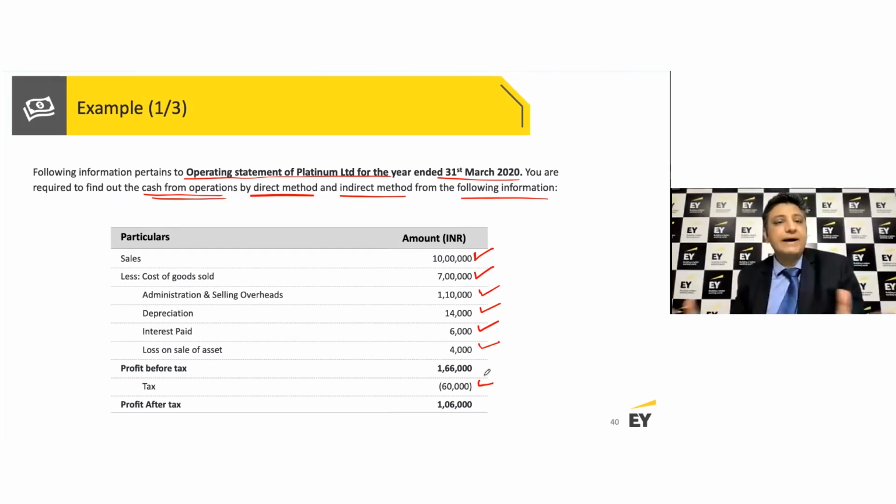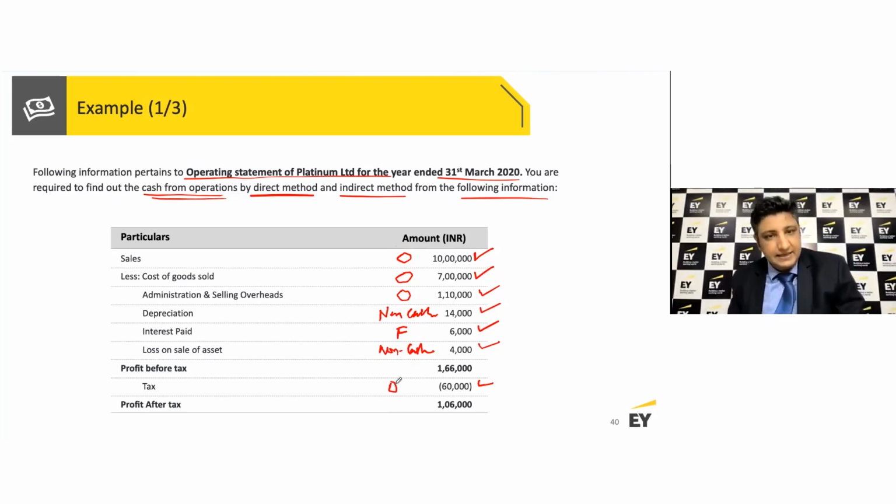Let's identify which of these items would be a part of, for example, your operating activities or not. This is operations, this is my first classification, this is operating, this is operating, this is non-cash, this is financing, this is non-cash, and this is again operations.